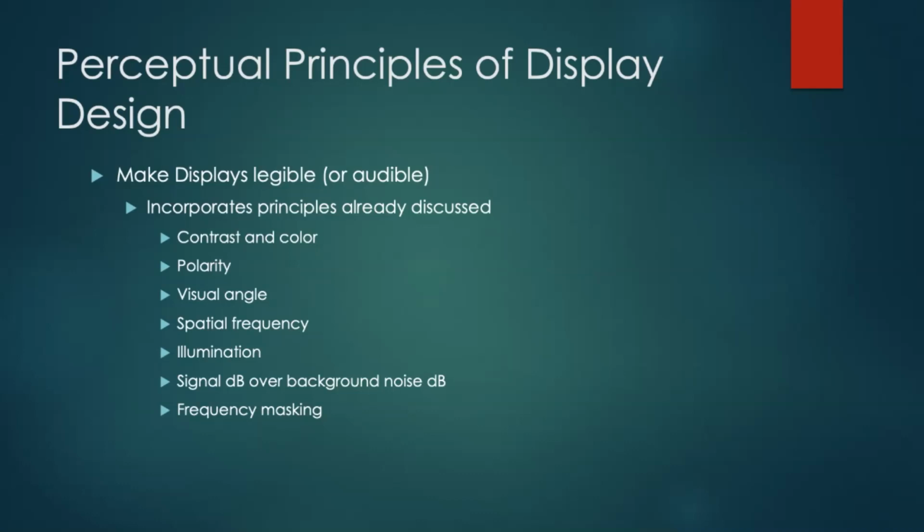If it's auditory, the signal intensity over the noise intensity, so the background sound. Things about frequency masking. Did we talk about Apple computers and the fan in here? No. So, we did? Oh, okay. Well, just as a quick recap, Apple in their computers has a fan to cool down, just like all other computers.